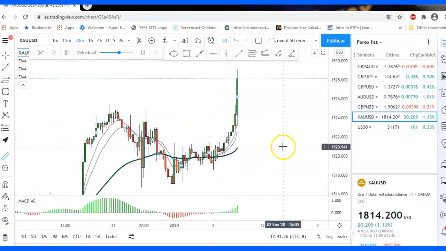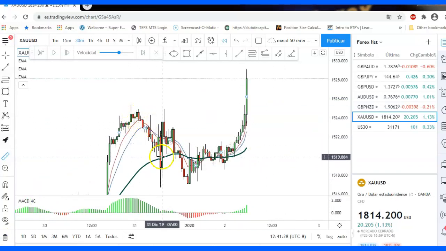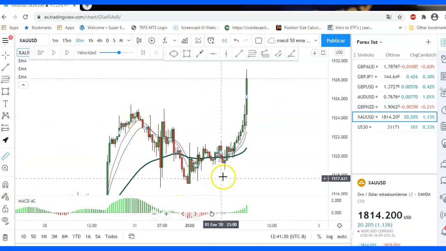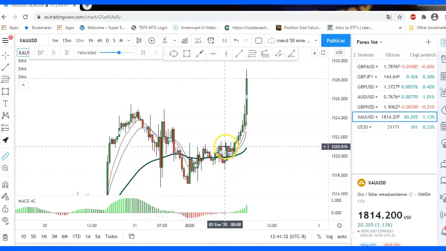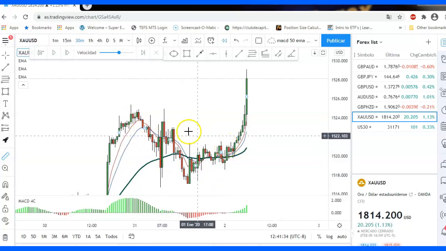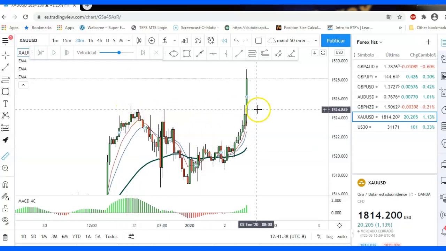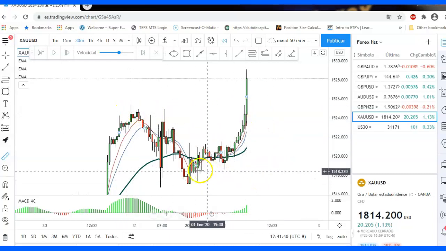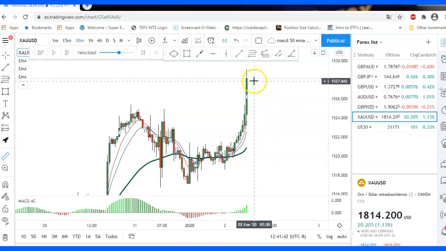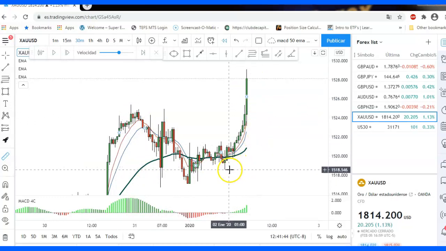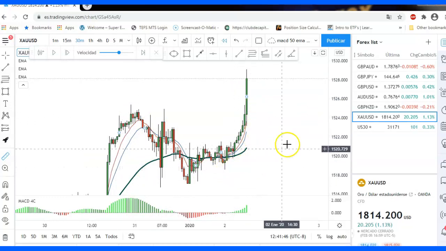So what happened now? We have a big retracement. Okay, and we have a break of structure right here in the minor. We also have a bigger break of structure right there. Okay, so if I would have to fib this move, I would start it maybe from this point right there.